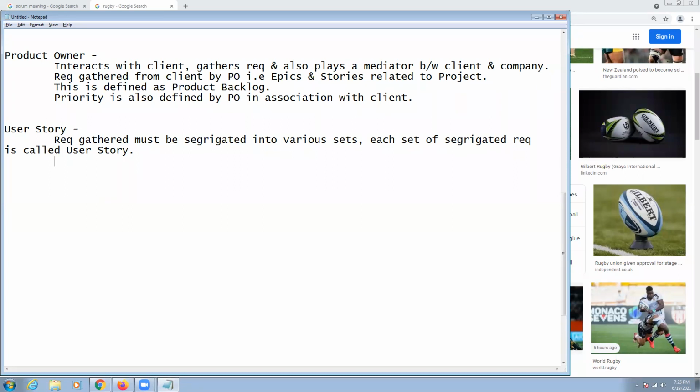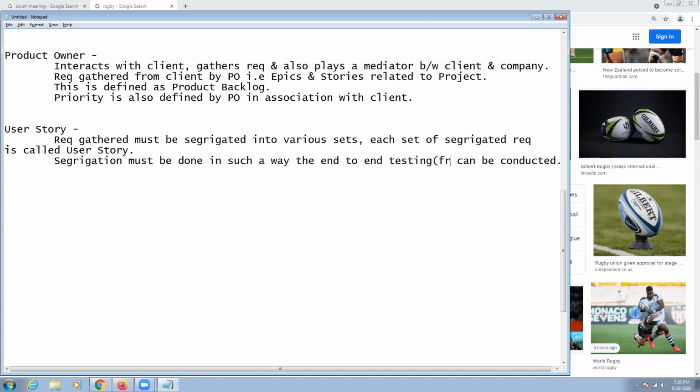Now, what is meant by end-to-end testing? It's nothing but from starting to the end to be conducted at the client level, which we're going to talk about over there, right? So the final testings, you can put it as over there, right?